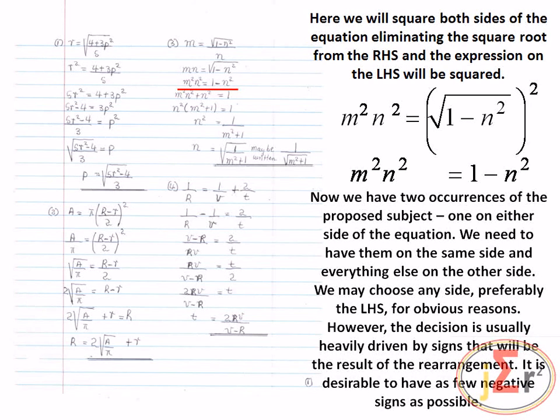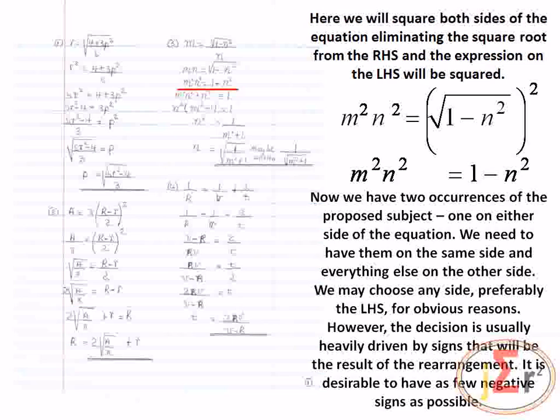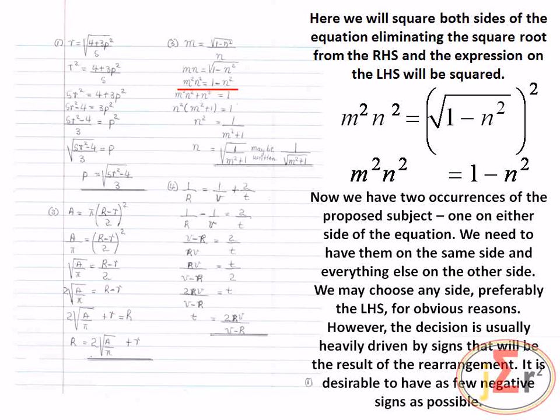We may choose any side, preferably the left hand side, for obvious reason, because when we write the subject we want to have that on the left hand side. But it is not a matter of having the occurrences of the proposed subject on the left hand side alone, why we are choosing to do that.